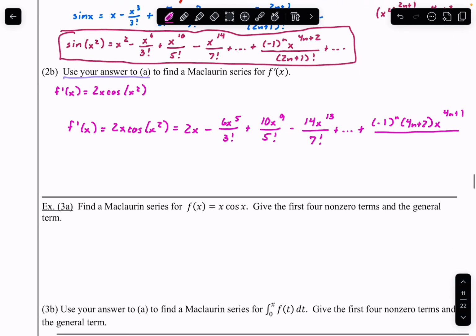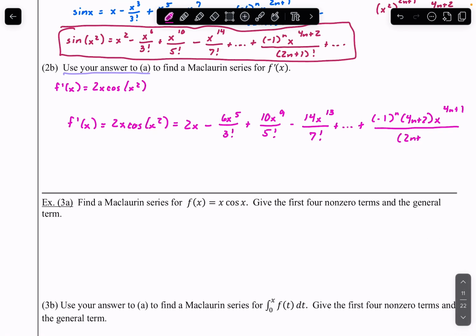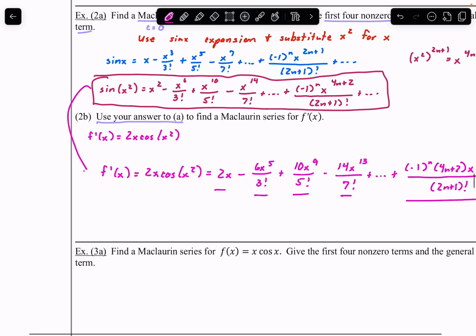And then you're going to have the 2n plus 1 factorial on the bottom, and I'm going to indicate that that keeps going. So these are your first 4 non-zero terms and your general term. Yes, there is some reducing that could happen. Absolutely. But I don't need to do that, so I'm going to leave it just like that. So this right here is just the derivative of that Maclaurin series that I found in part A.